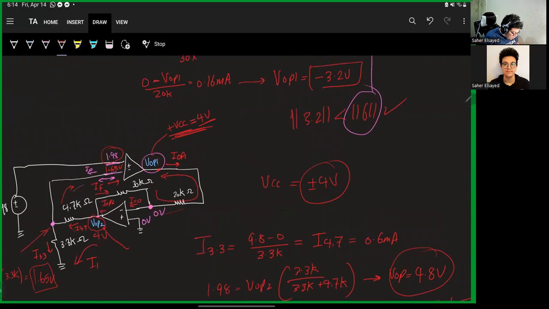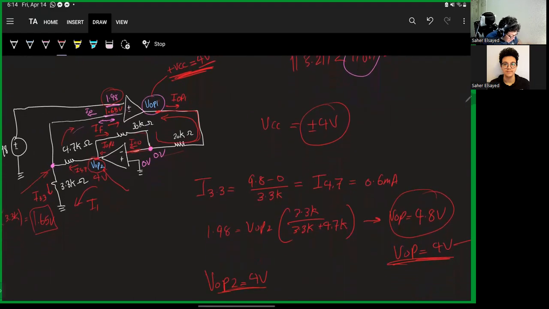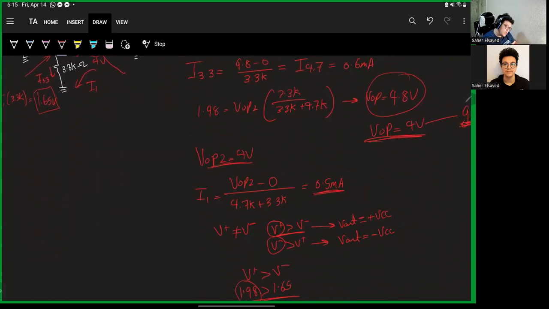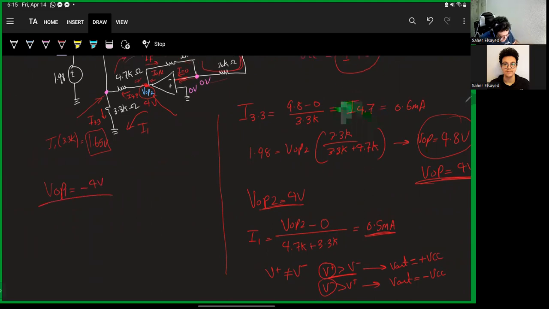So when you have VOB to be 4 volt here, it does not make sense.